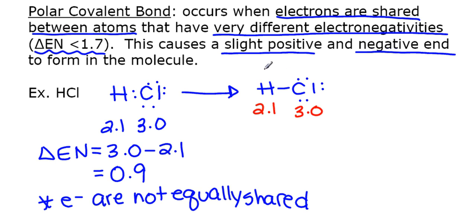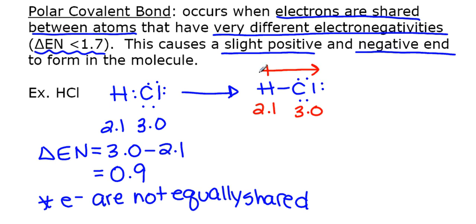So what we do is put on something called a dipole to show this happening. So I take my arrow and I point it towards the chlorine. This end over here is going to end up being positively charged because it's lacking electrons. And over here, it's going to end up being negatively charged because the electrons get pulled towards it.